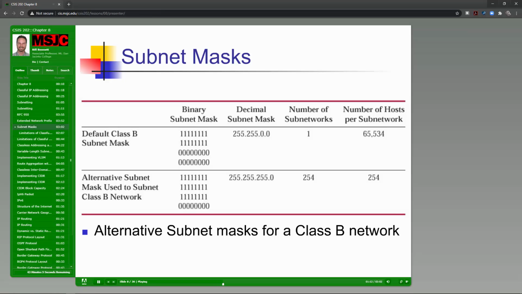So you always subtract 2 out of the math. So once you take 2 and you raise it to a power of, in this case, 16, you come up with 65,536, sorry. You just have to remember to subtract 2, and that's the actual number of hosts then that you can have on that network, 65,534.